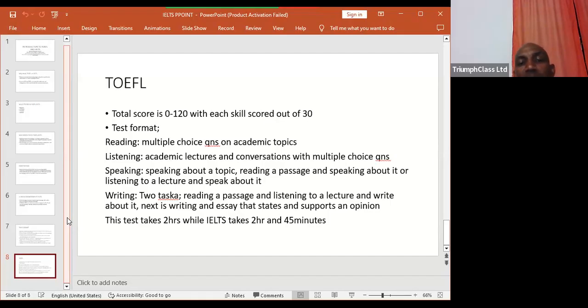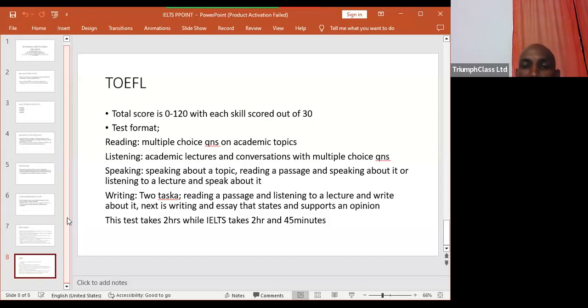Then we have the writing test. This involves two tasks. The first one is reading a passage and listening to a lecture, and you write about it. You read a passage, a very short passage that is given to you. So you read it, and after reading, you listen to the lecture.